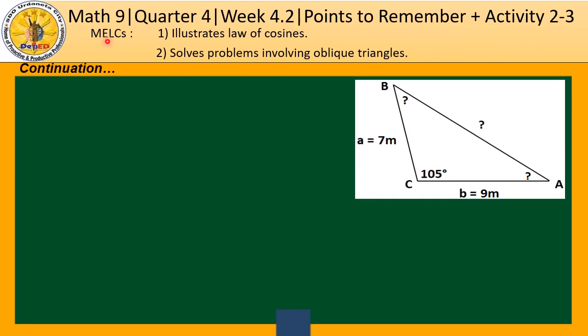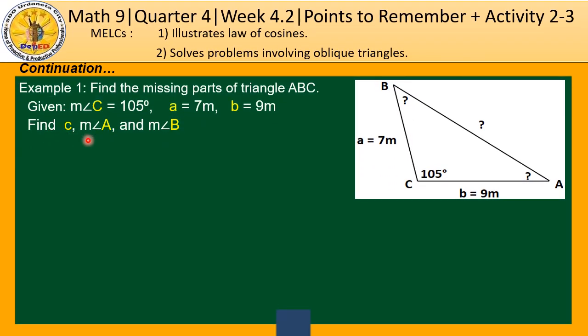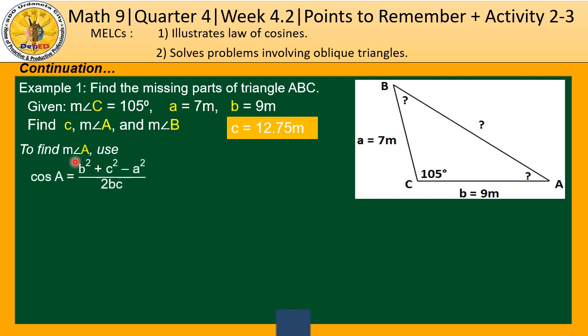So continuation, we are going to look for the measure of angle A. We have now the value of side C. To find the measure of angle A, in here we have already 3 sides, A, B, and C. 3 sides are given.